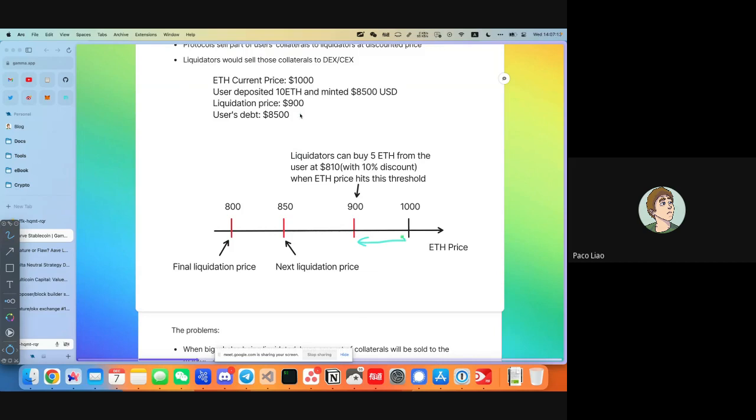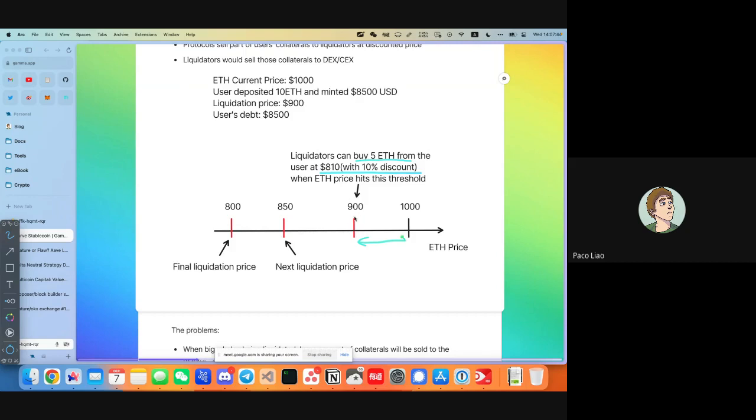Normally they will not liquidate all of it. In this example, liquidators only liquidate 50% of the collateral, so they can buy 5 ETH from the user at a discounted price. The price is 900, but liquidators can buy at 810 and help the user repay his debt.